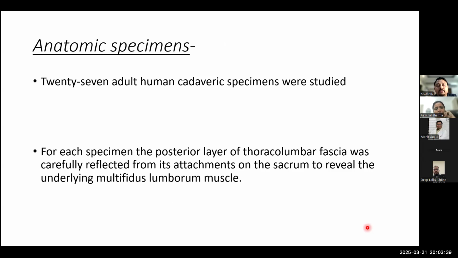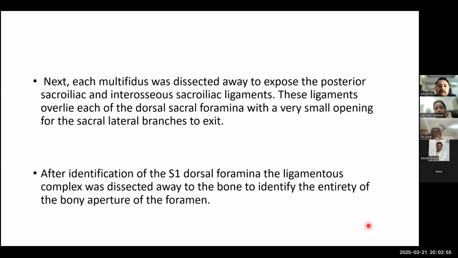So coming to the anatomic specimens, 27 adult human specimens were studied. And for each specimen, firstly, the posterior layer of the thoracolumbar fascia was carefully reflected, and this revealed the underlying multifidus lumborum muscle. Subsequently, each multifidus was dissected away to expose the posterior sacroiliac and interosseous sacroiliac ligaments.